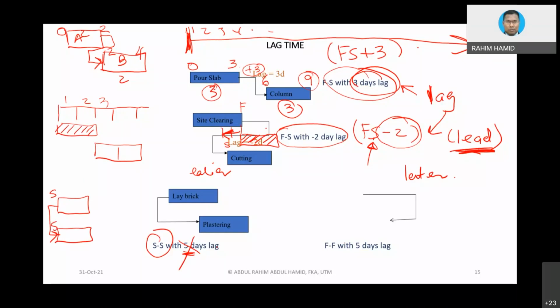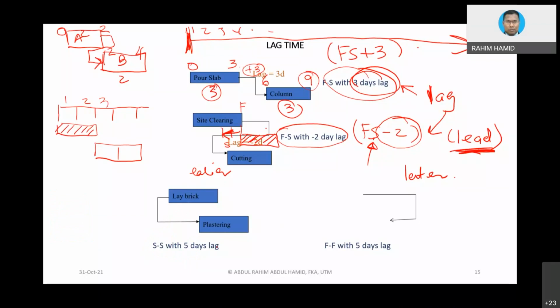But now, because we do have 5 days lag, what happens is that the starting of this thing is being delayed or pushed at a later date by 5 days. This is what we call 5 days.